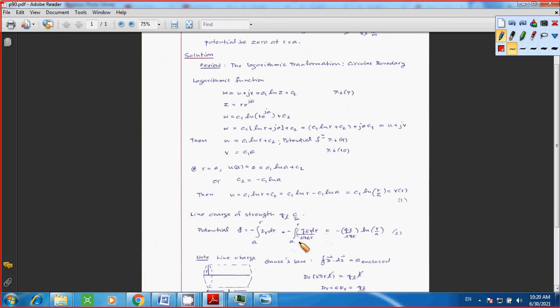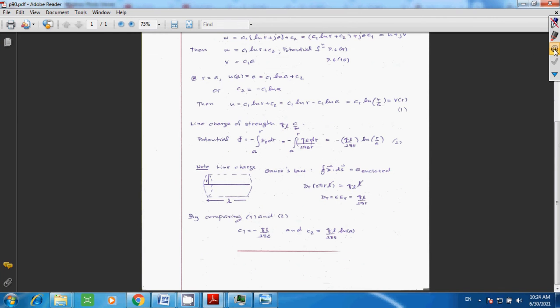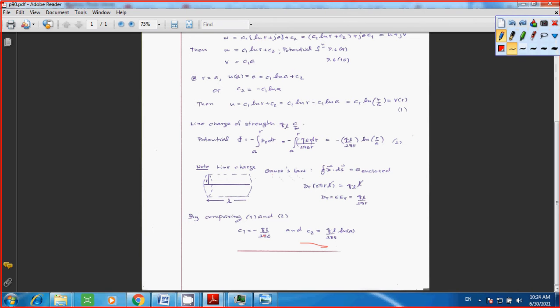Now, somebody probably asks why ER for the line charge equals QL over 2 pi epsilon R. Let's go back to Gauss' law. You have the line charge, and you make the closed surface integration.